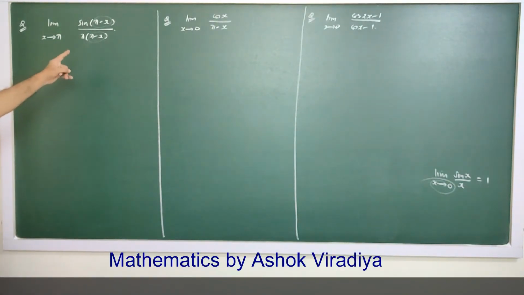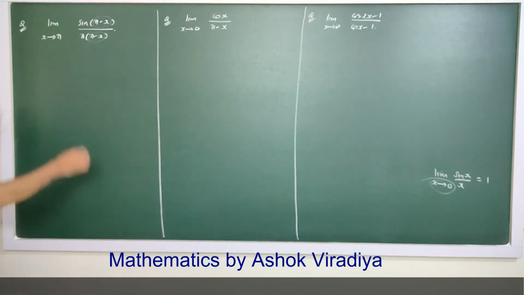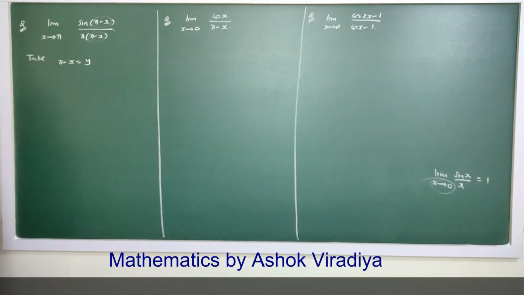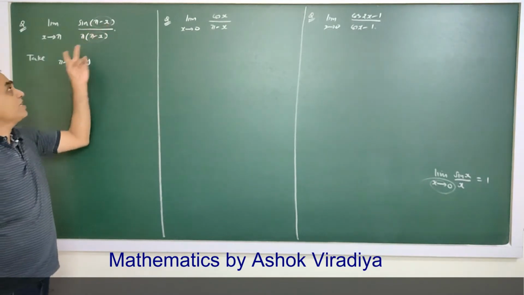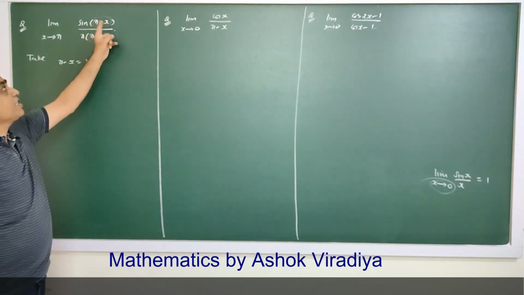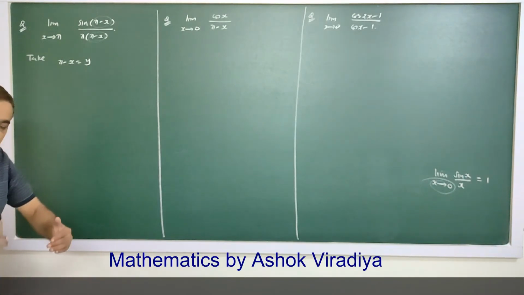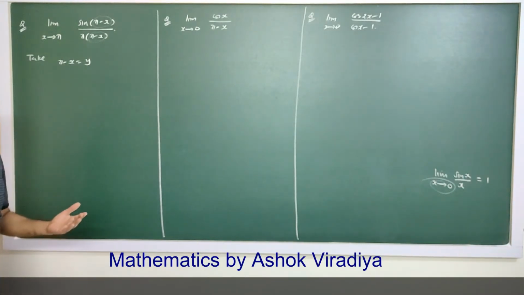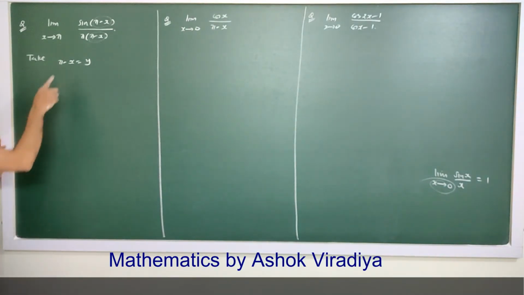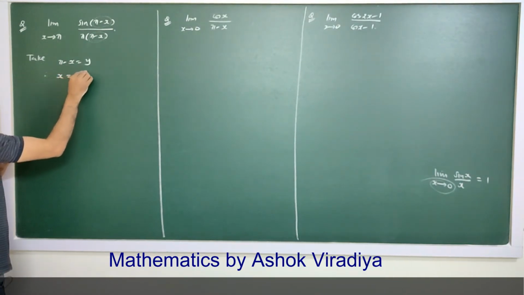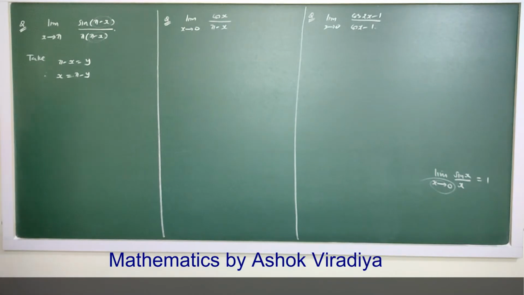So we take pi minus x equal to y. If pi minus x is given, take pi minus x. If x minus pi is given, take x minus pi. So we are taking a substitute, meaning we are changing a variable. Given variable is x, and x we are converting into y. Everything in the question we are converting in y.